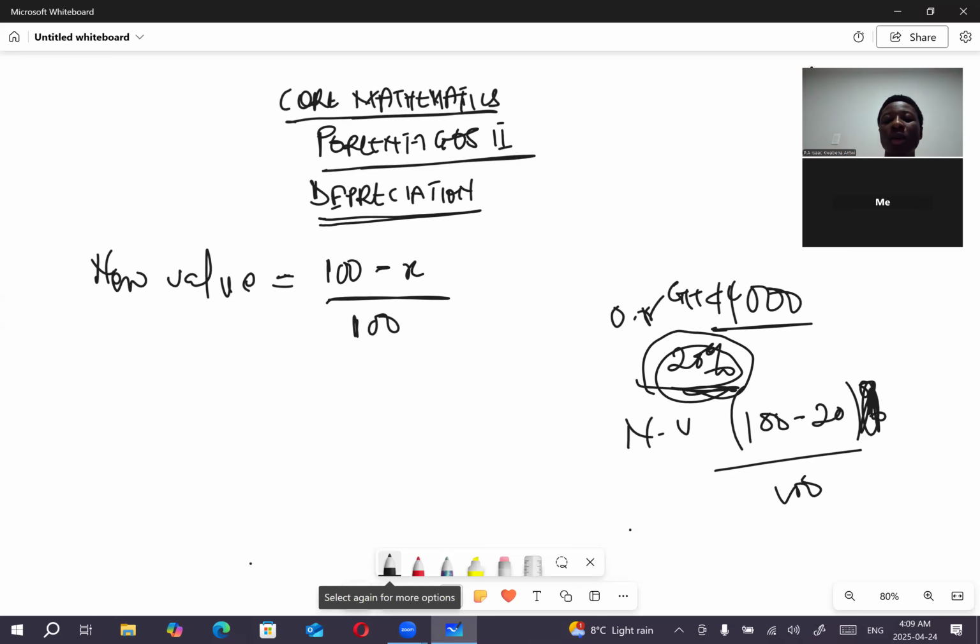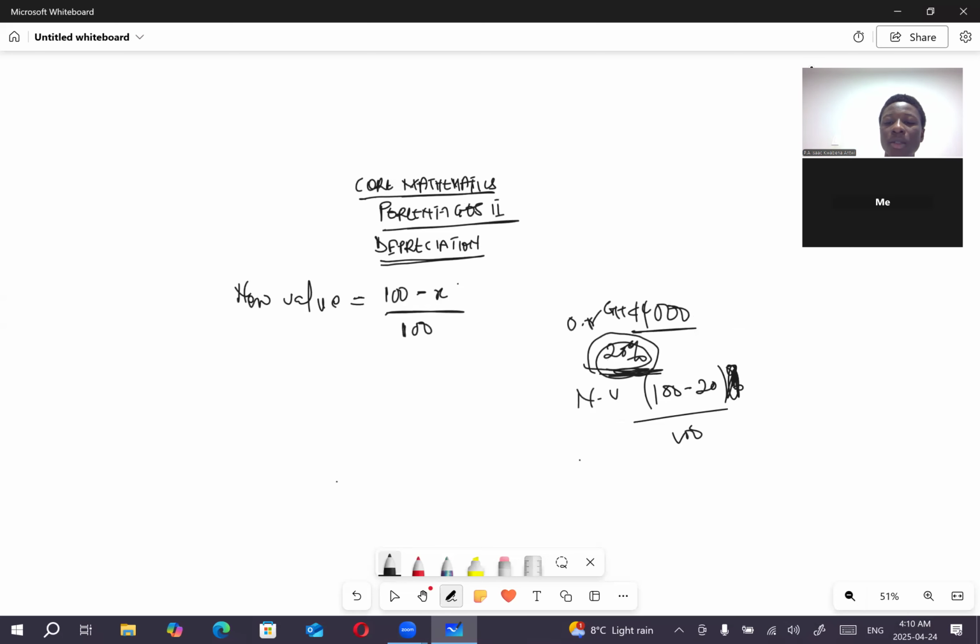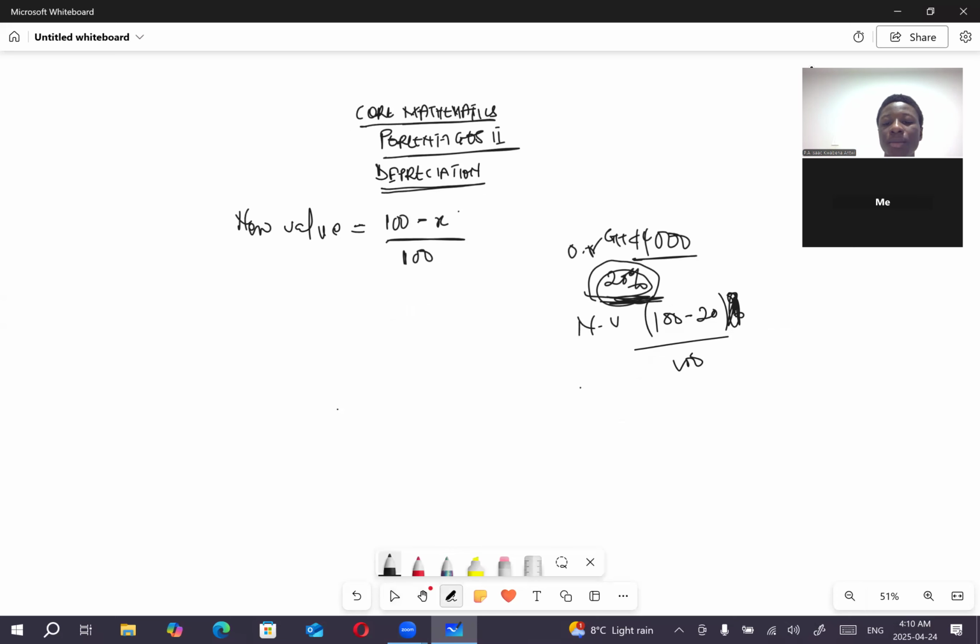When you are factoring that 20 here, you don't need to include a percent because the formula is divided by 100. So that's going to be 100 minus 20, which is 80, and it's already divided by 100.